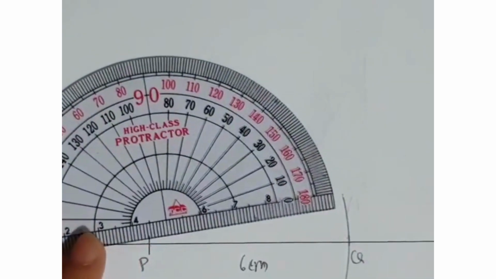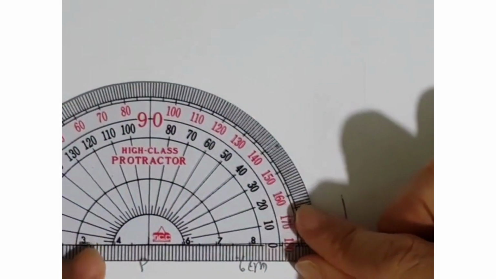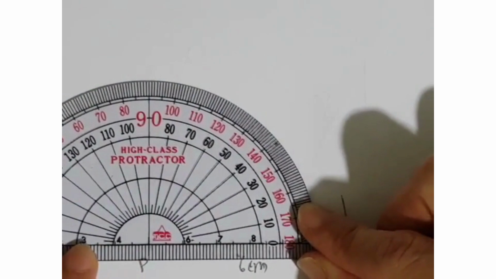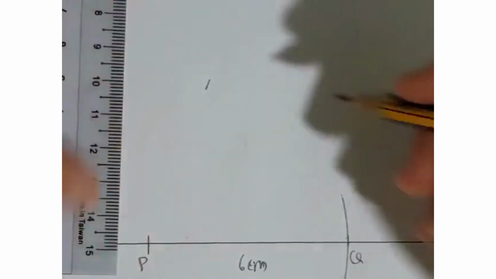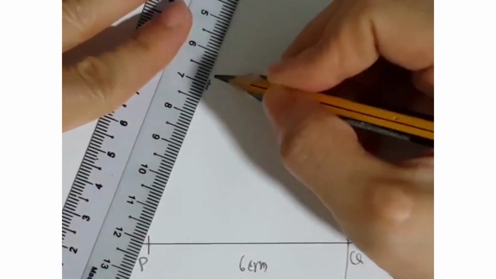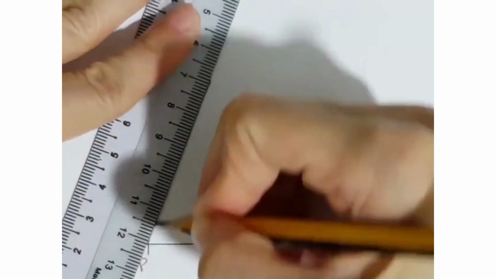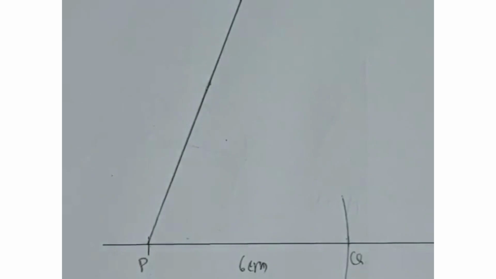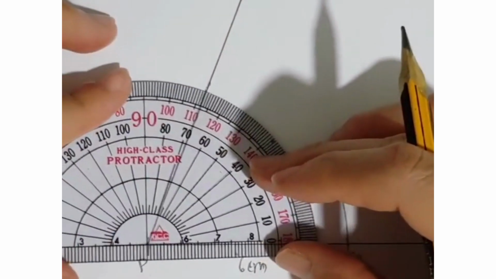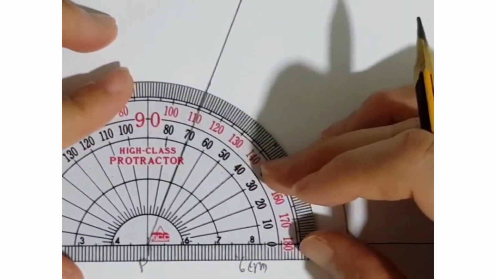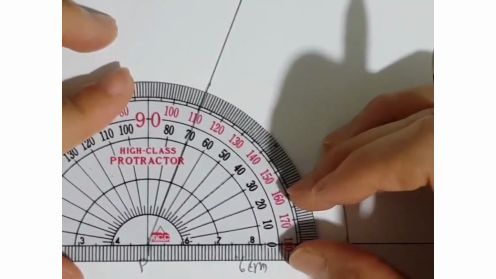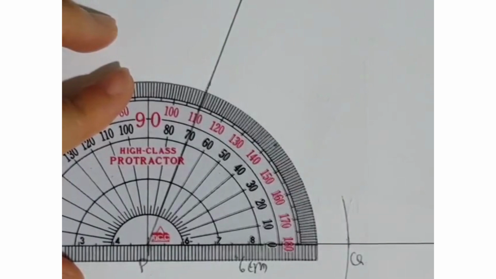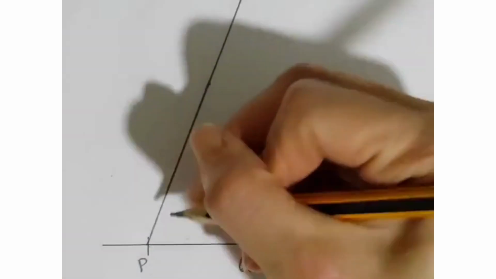So I'll measure angle P, 70 degrees. Okay, double check. Alright, angle P is 70 degrees. Label.